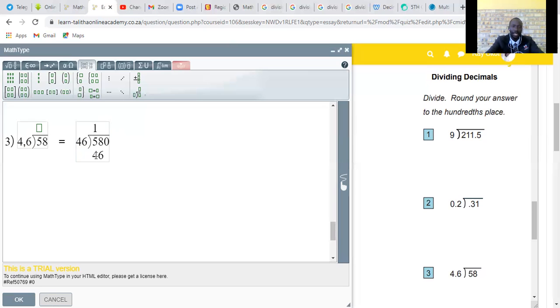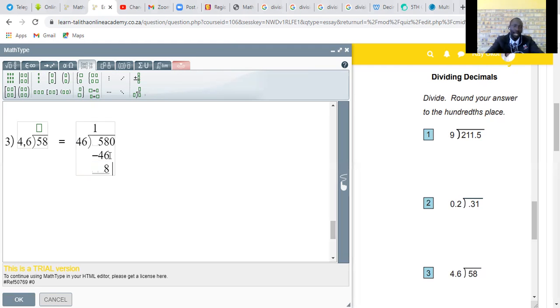So at this stage, we want to subtract. We are going to be subtracting 46 from 58. What is 58 minus 46? Well, 58 minus 46 gives us 8.